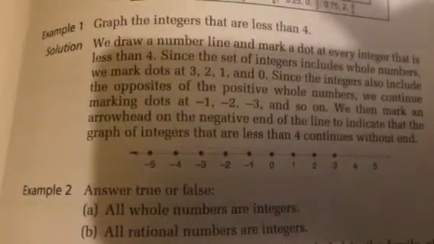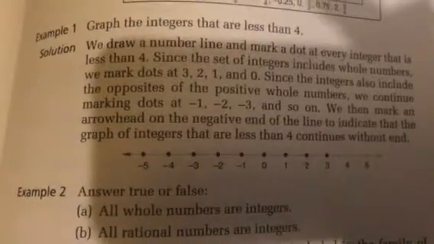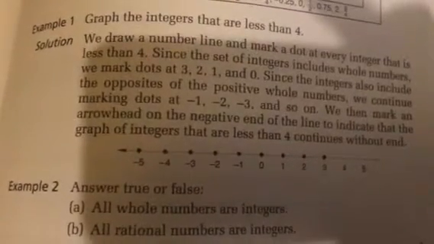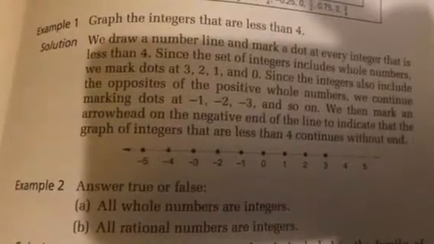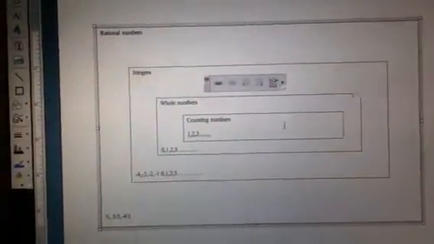A, all whole numbers are integers, and B, all rational numbers are integers. Okay, go ahead and answer true or false on those. Pause the video, think about it, look at your handy dandy chart right there. Okay, and that's going to help you out.